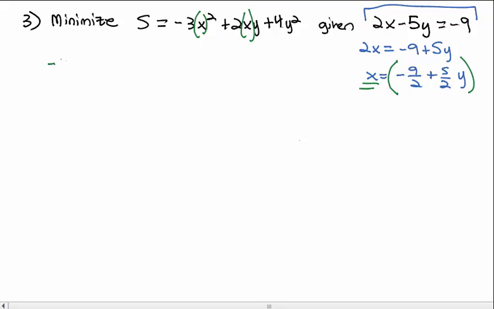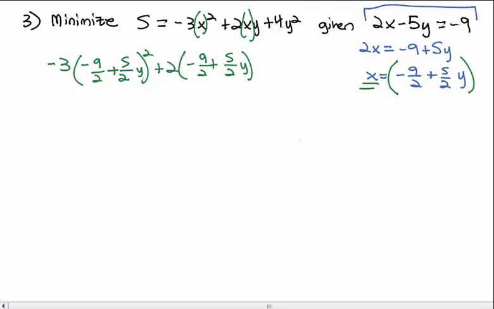So now what we're trying to minimize is negative 3 times x, which is negative 9 halves plus 5 halves y, squared, plus 2x, which is negative 9 halves plus 5 halves y, times y, plus 4y squared. So let's evaluate exponents first.